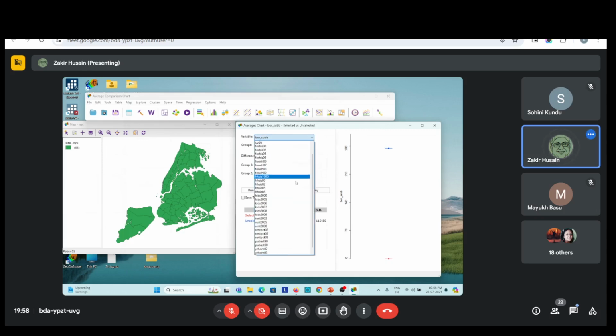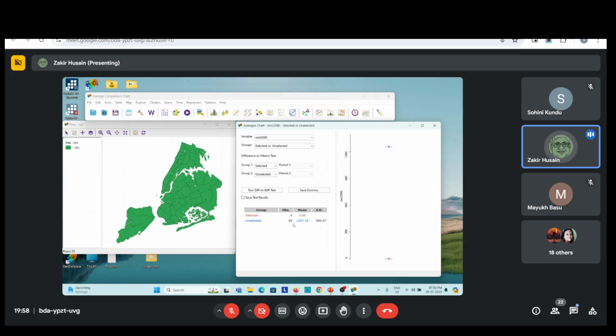So let us check the variable rent 2008. So the average rent for all 55 observations is 1257. Standard deviation is 594. This is the average rent.